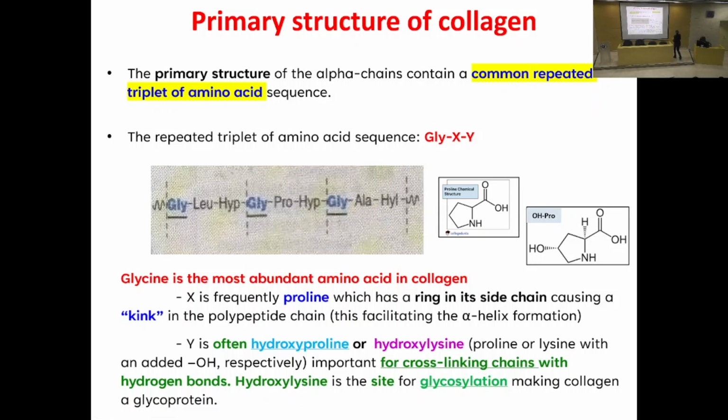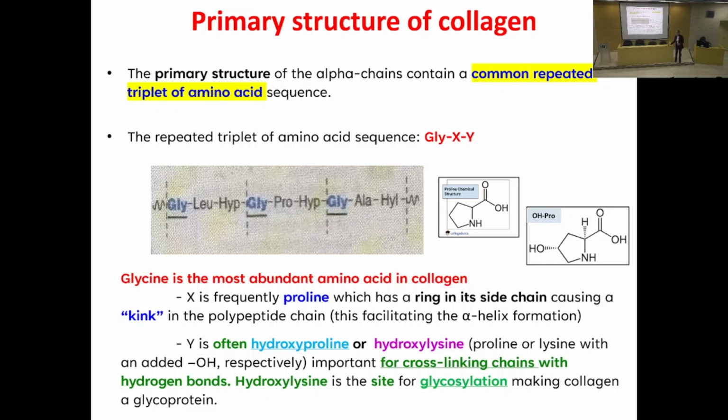For example, here I put a picture of a sequence. See here, the first one is always glycine. Then the next one here, for example, is leucine, but in this next triplet, I have proline. So proline is the most abundant after glycine in the triplet.